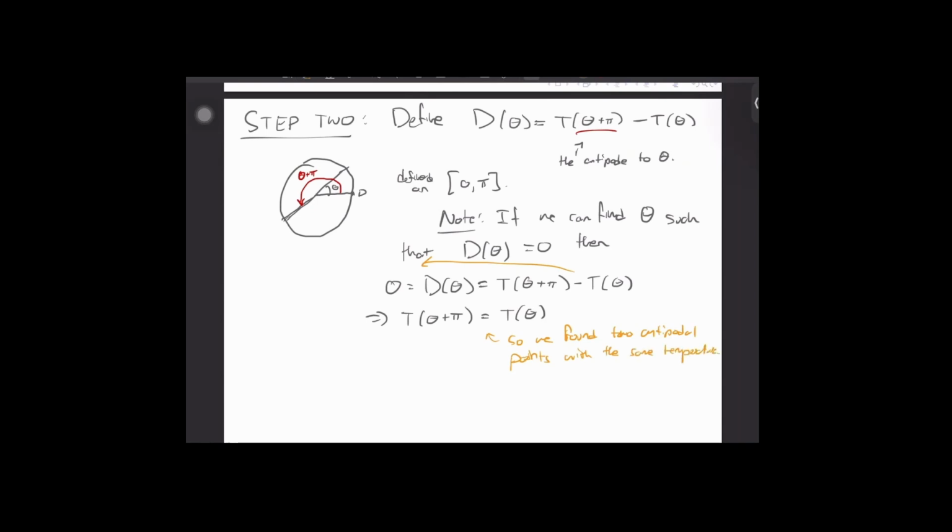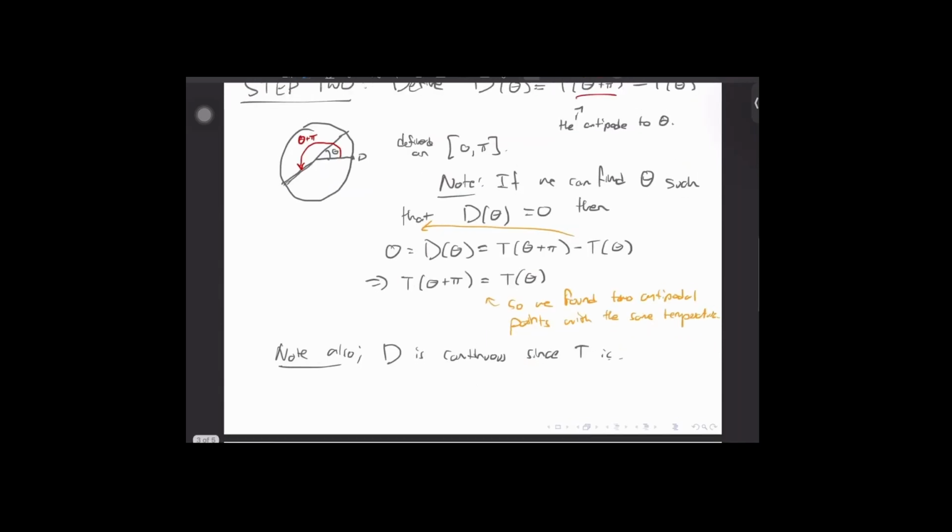Okay, but how are we going to do this? I'm going to point out also that d is continuous since T is, and it's really just a linear combination of T and itself with some kind of shift happening in the argument, but it's a continuous function. And that's going to be necessary to use the intermediate value theorem.